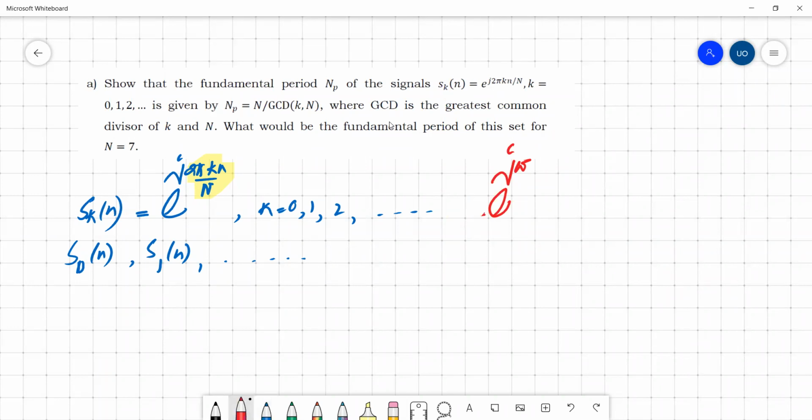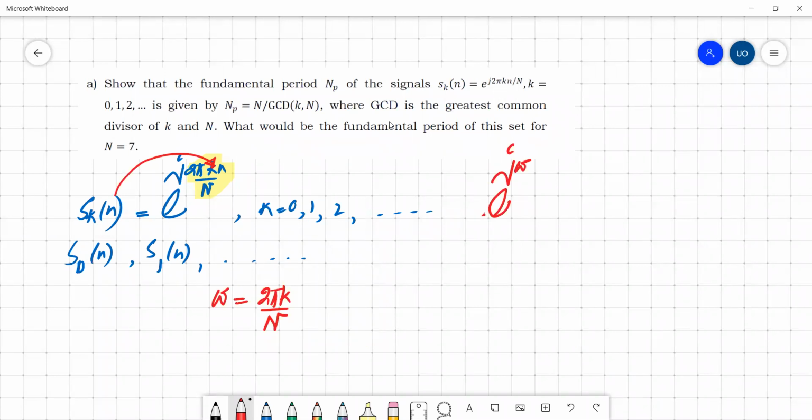Then you can claim that omega would be 2 pi k over capital N, because n is the index of this signal and k is giving this series of signals.